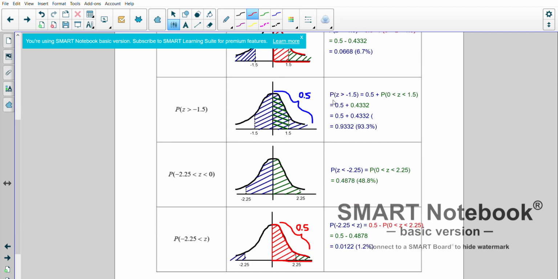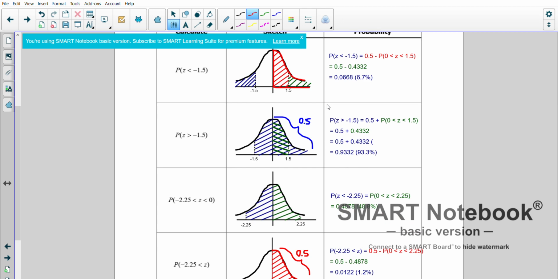All right, next. What is the probability that z is greater than negative 1.5? So again, you can see the blue shaded region that I'm interested in. Well, this part's pretty easy. It's just going to be 50% because I have to include all of this. And then how am I going to get this piece of the blue shaded region?